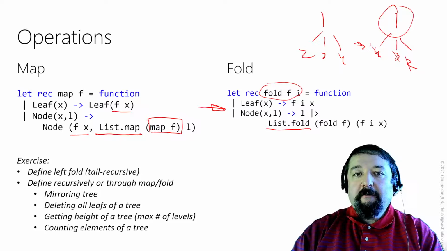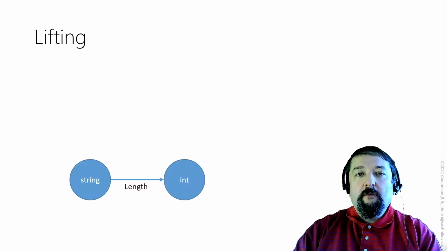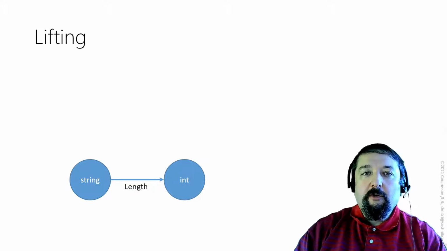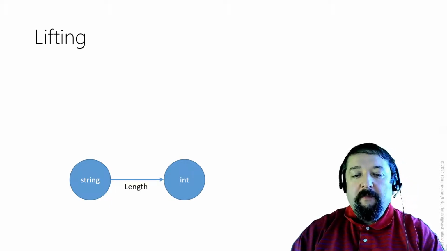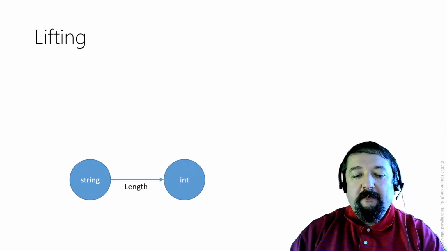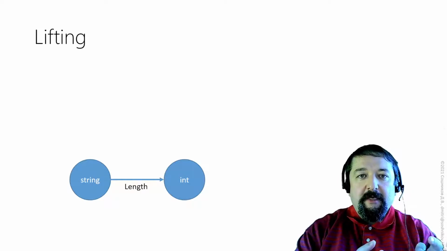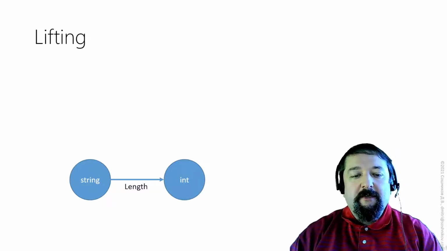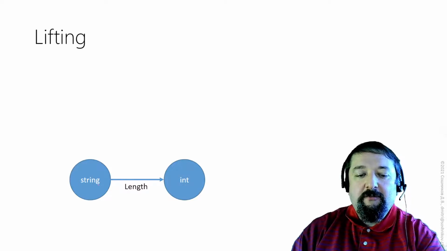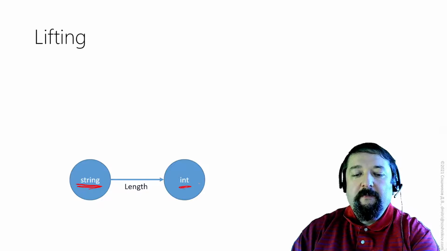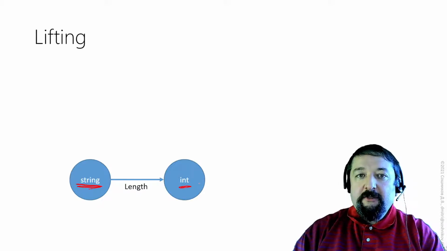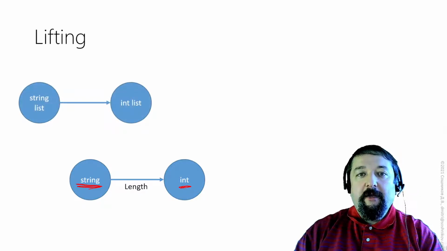So I mentioned that map and fold operations are very similar to lists. And when we were talking about lists, we were also talking about lifting in terms of domains. So with lists, suppose we have a function which takes a string and computes the length of the string. This function maps the string domain, so the string type, into int. And from this function, we can automatically construct the corresponding function in the domain of lists.